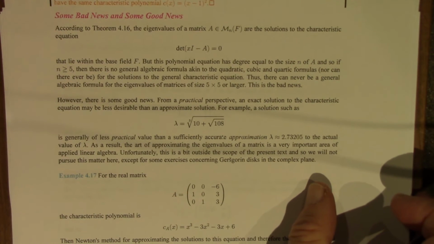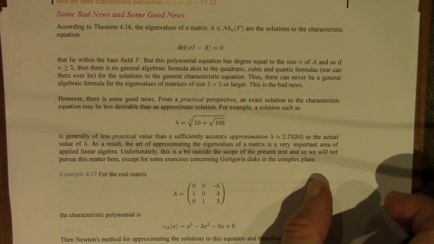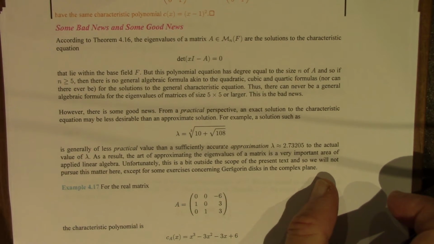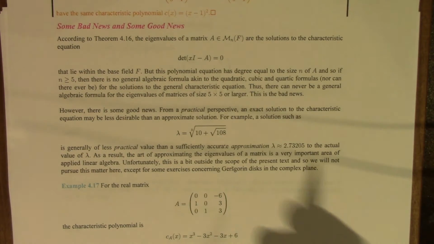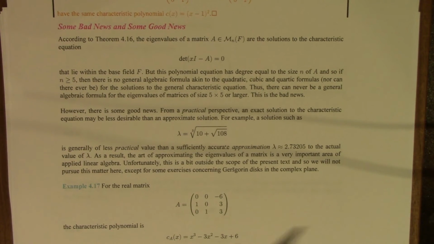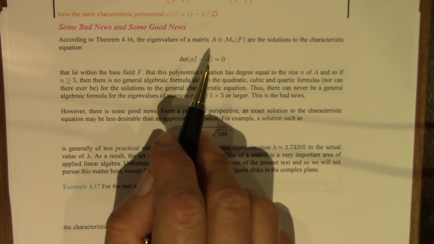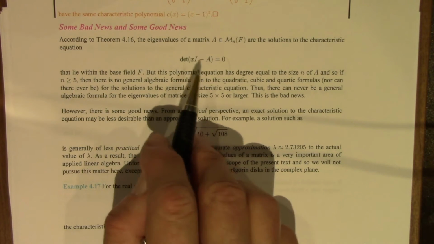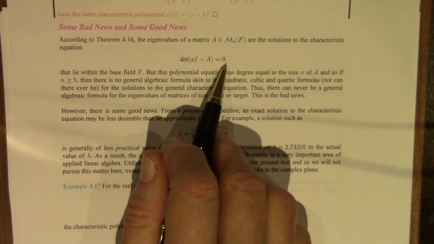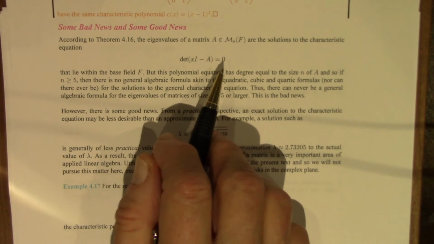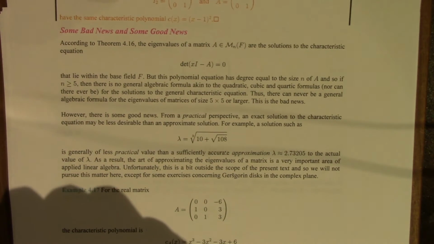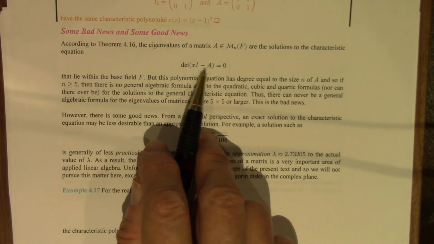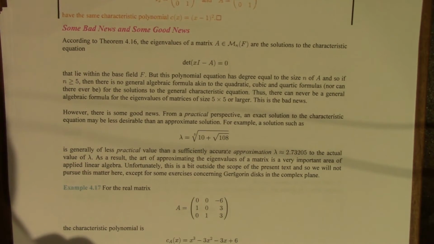Well, now we come to, I guess you might say, the bad news and the good news with respect to finding eigenvalues for matrices. We know now that the eigenvalues of a matrix are the roots of the characteristic polynomial that lie in the base field. But this is a polynomial equation whose degree is equal to the size of the matrix.